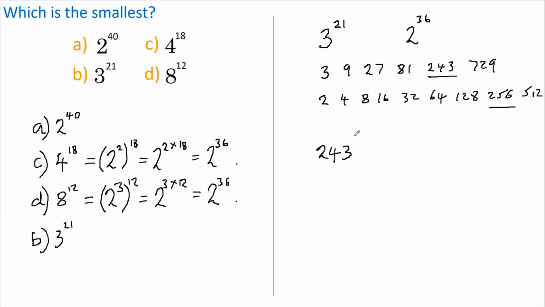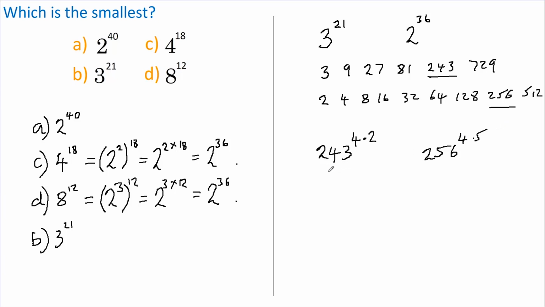So 5 into 21 is 4.2. And over here, 2 to the power of 8 is 256. So let's divide 36 by 8 and we get 4.5.